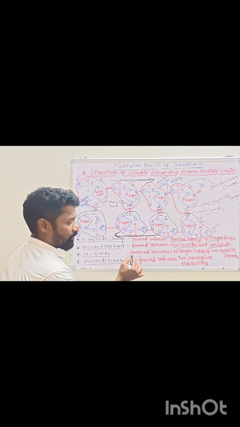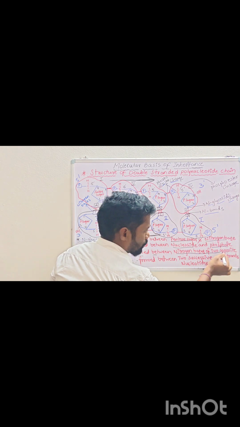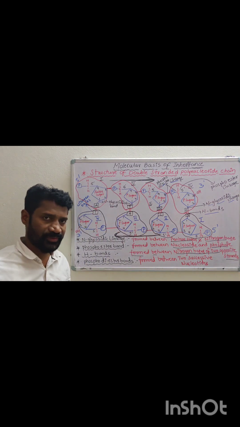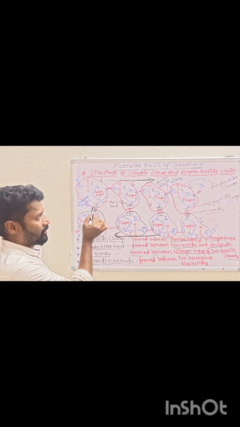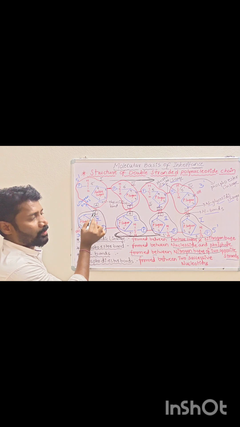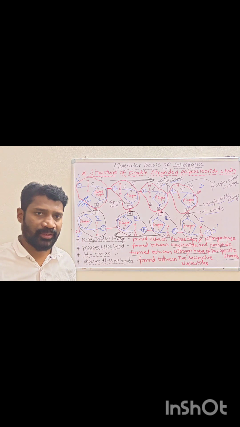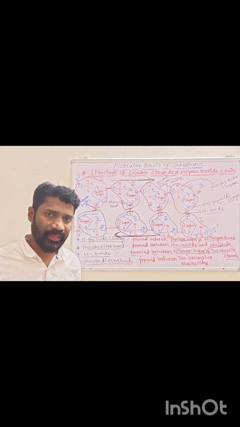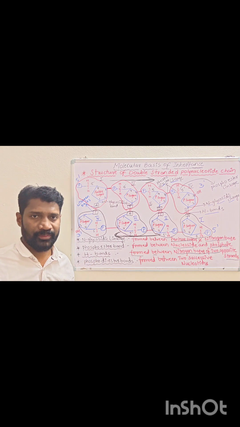And where are the hydrogen bonds formed? Between the nitrogen bases of the two opposite strands. Suppose these are the nitrogen bases of two opposite strands. Between these two nitrogen bases, hydrogen bonds are present: between A and T, two hydrogen bonds; between G and C, three hydrogen bonds.